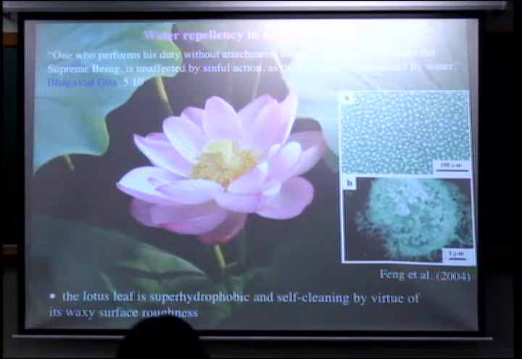So it's a question of how to overcome this contact angle hysteresis. And of course, keeping things very clean and very smooth is very hard, but it turns out by making them very rough, you can solve the problem.